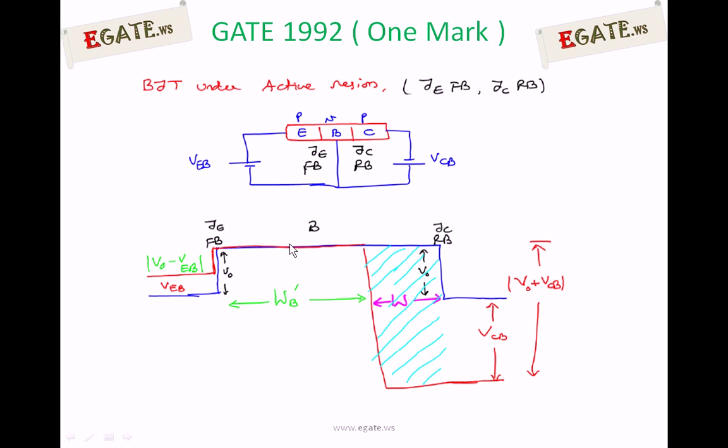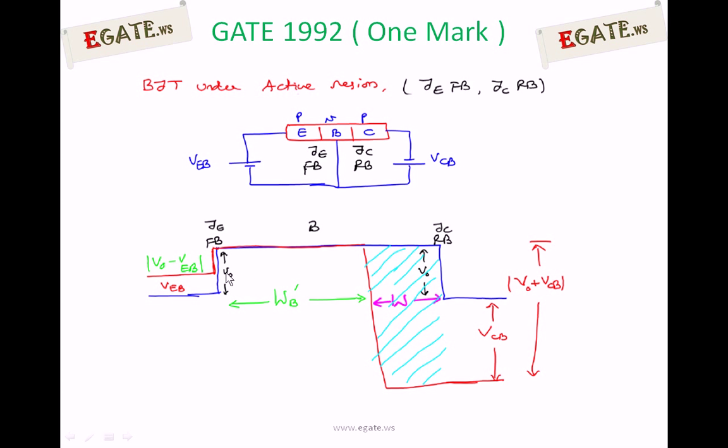Now in the case of PNP, the base is of N type, majority carriers are electrons, which are present from the emitter base junction, and they end at the depletion region only. So this is the width where the majority carriers are effectively present, because in the depletion region no majority carrier will be present. So we call this the effective base width, where effectively the majority carriers are available.